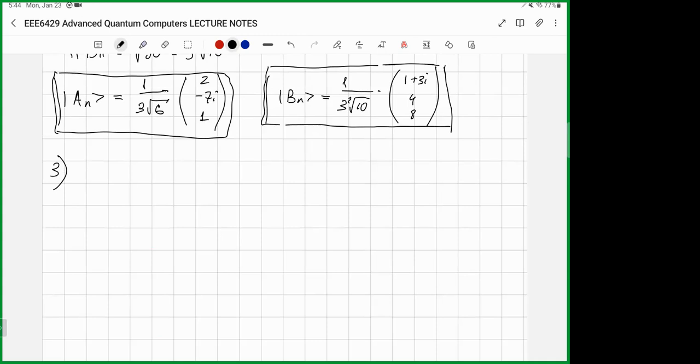Check whether the following vectors are orthogonal and normalized.